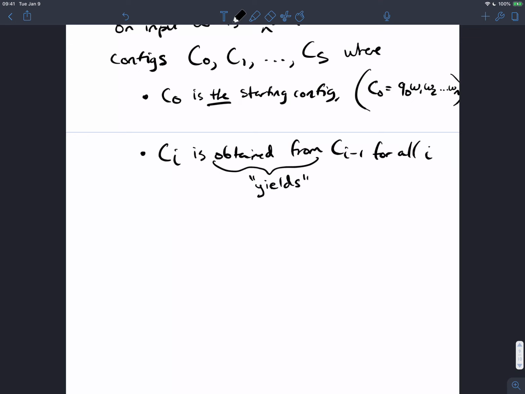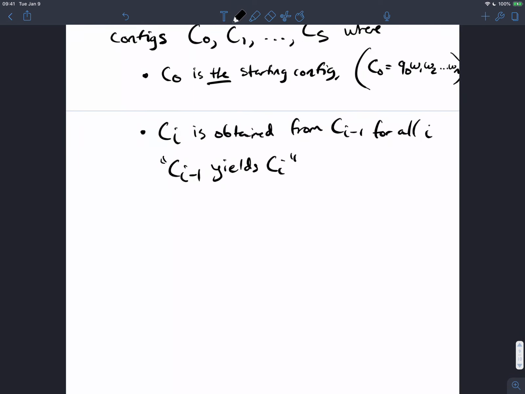So CI, sorry, that's not quite right. Another way to say this is CI minus 1 yields CI. I had the wrong direction. So yields goes in the forward direction here.